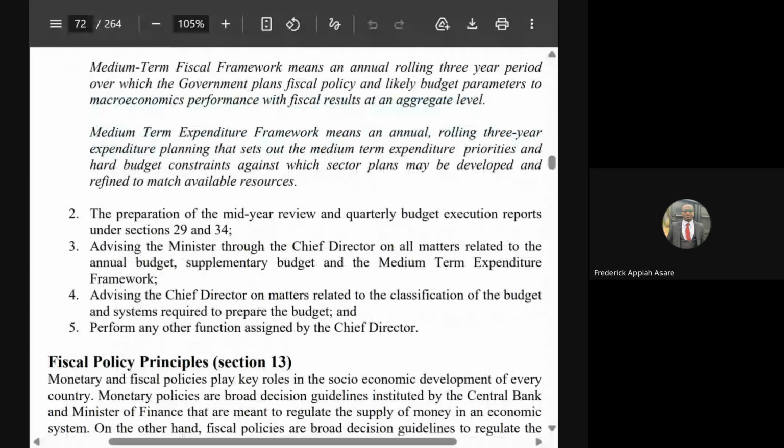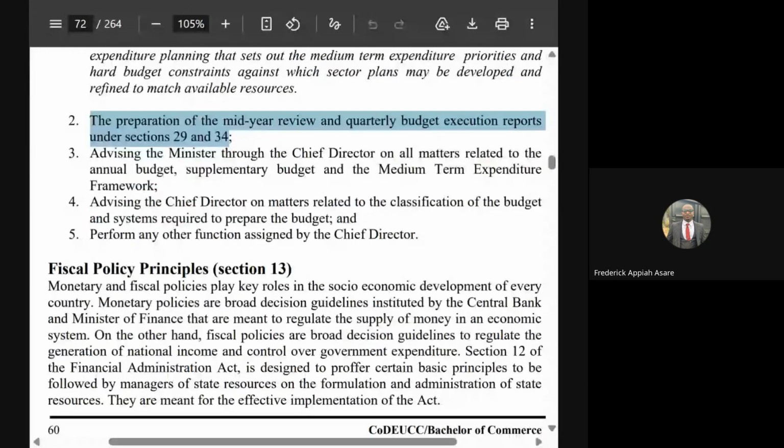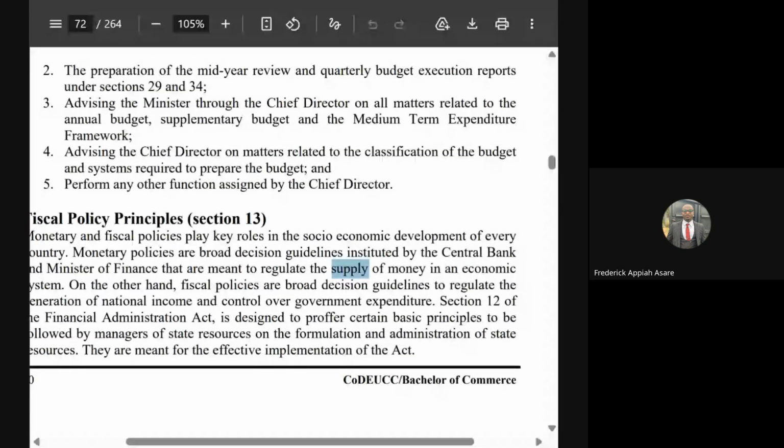Usually, the preparation of the mid-year review and the quarterly budget execution reports are under sections 29 and 34. They advise the minister through the chief director on all matters related to annual budgets, supplementary budgets, and the medium-term expenditure.